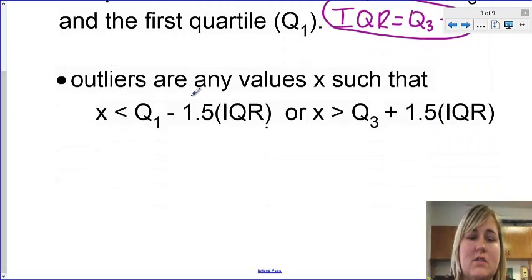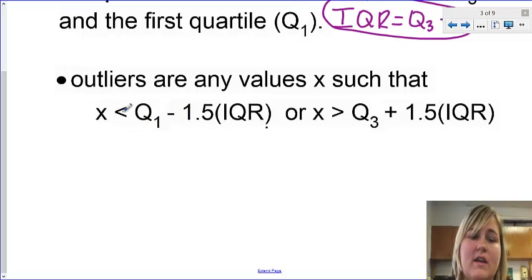The outliers are any values x such that x is less than Q1 minus 1.5 times the IQR, or that x is greater than Q3 plus 1.5 times the IQR. So what we're saying here is if it's on the lower end, it will be less than the first quartile, and then it's going to be minus.